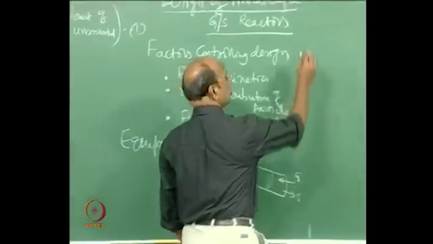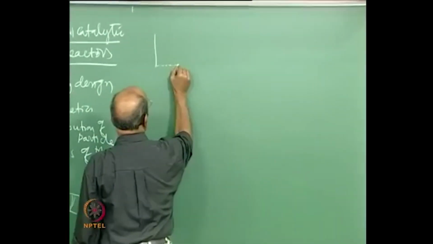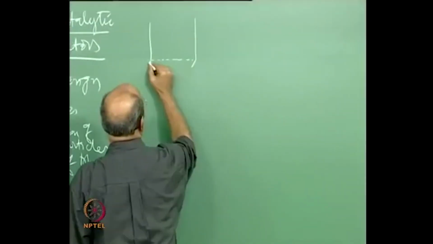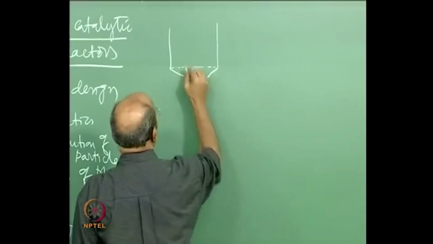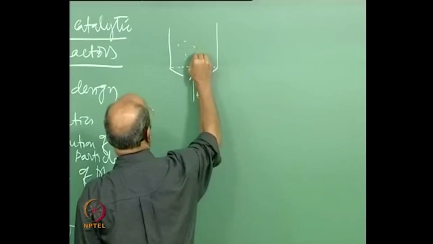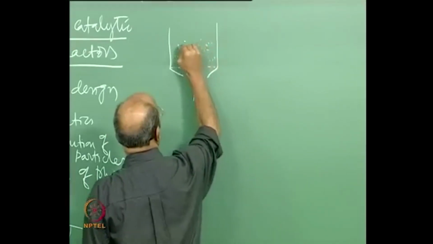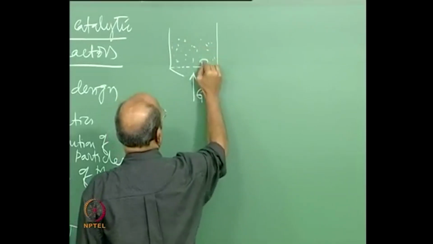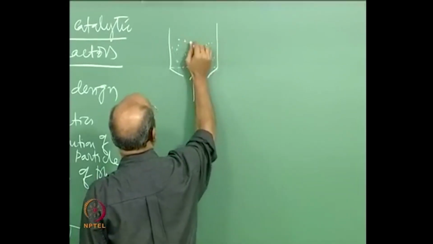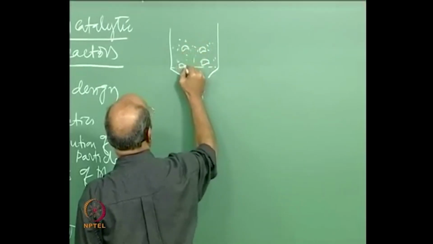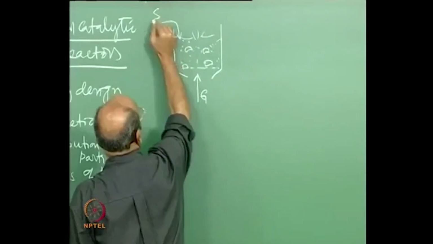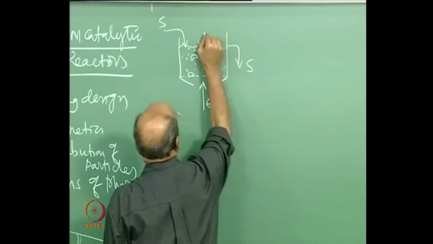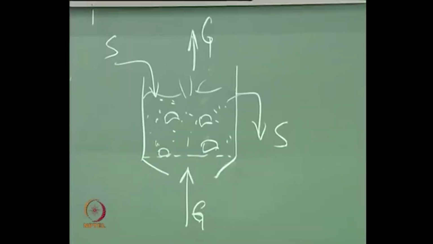Another reactor we can use is the fluidized bed. This is gas, these are the solids, and you also have what are called bubbles here. Solid continuously, gas goes out, and that solid is nothing but your iron ore.